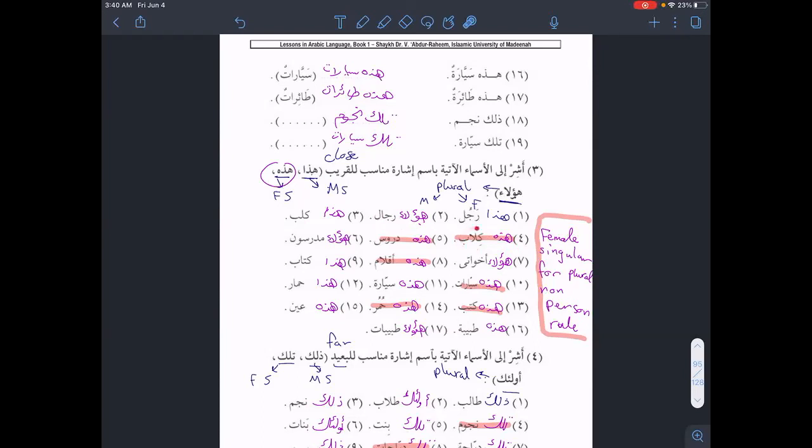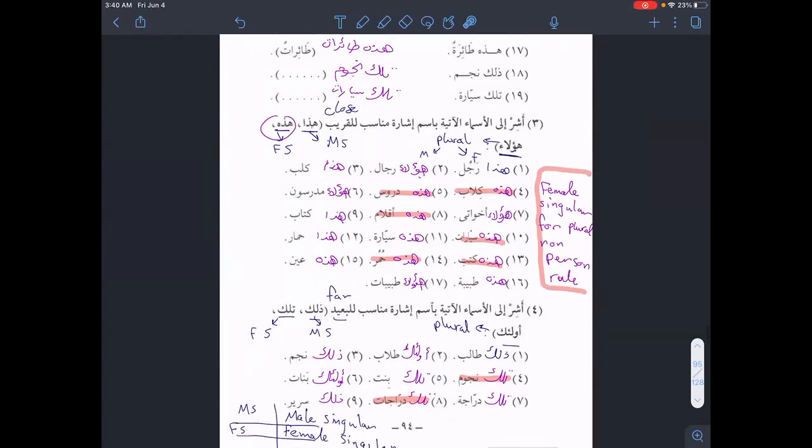So كلاب, dogs, are non-person, and they are plural, so we use the female singular. The female singular is هذه. هذه كلاب. The same thing with دروس. Lessons. These are lessons. هذه دروس.